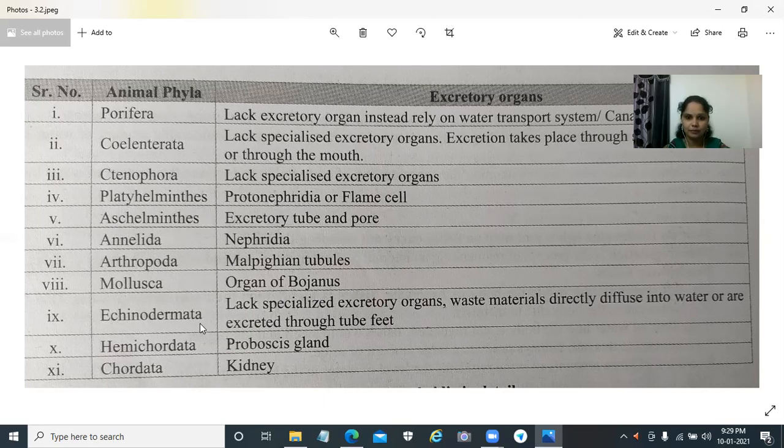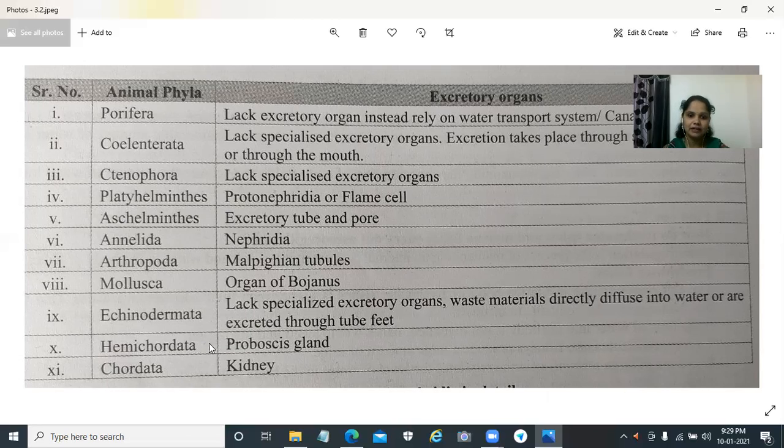In Echinodermata, they have a special kind of organ, the water vascular system. Through that they can expel the nitrogenous waste material from the body with the help of simple diffusion.